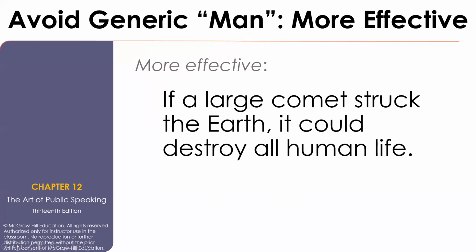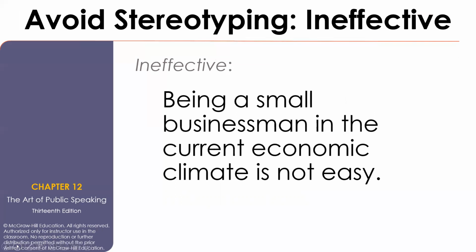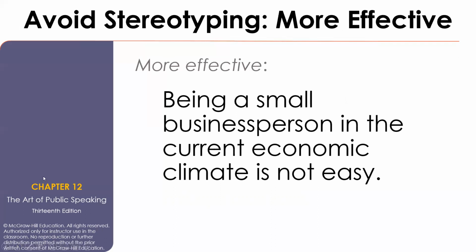In terms of avoiding stereotyping, an ineffective example is, being a small businessman in the current economic climate is not easy. We can see there it says businessman. So it has to be a man? No, we want to instead say, being a small business person in the current economic climate is not easy. So more inclusive in terms of broadening it to both men and women.